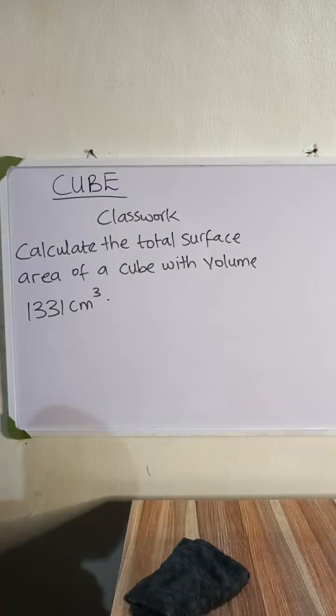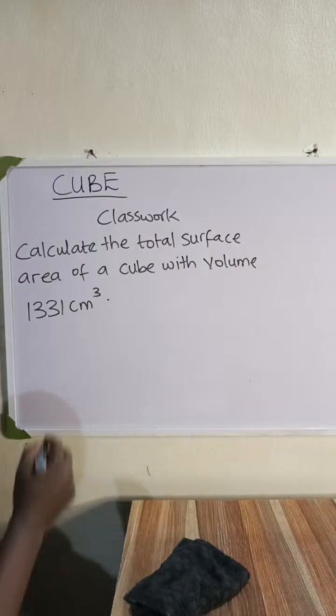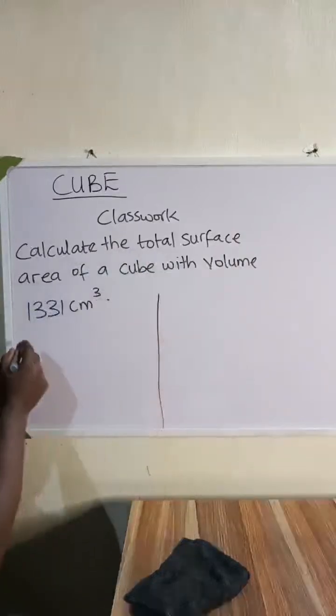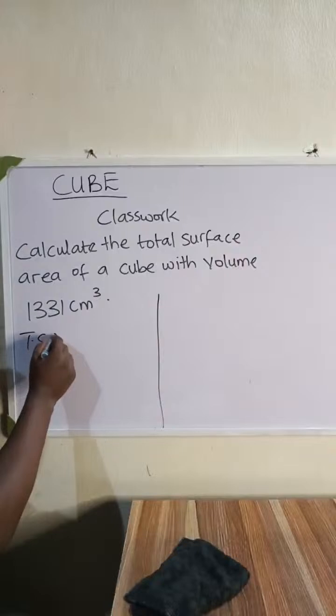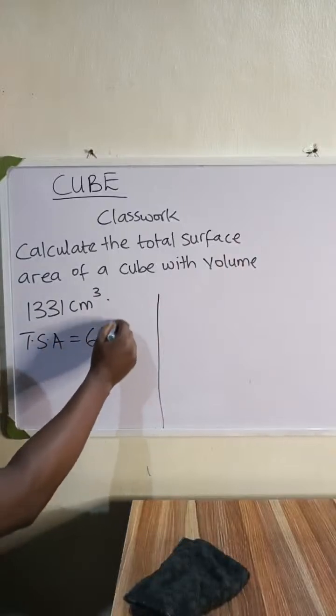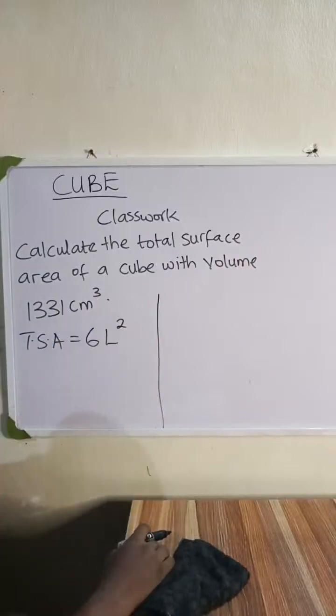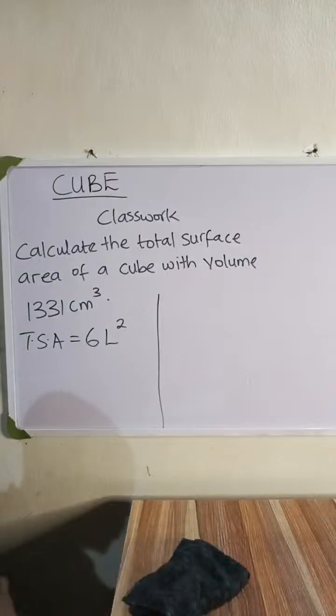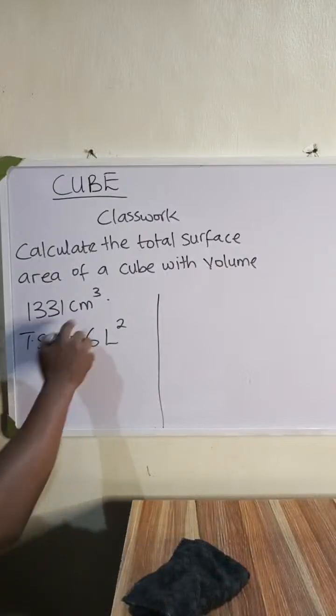Let's confirm. We are told to calculate the total surface area. Total surface area is equal to 6L squared. But we don't know the length, so we cannot calculate the total surface area directly. So we have to find the length using the volume.